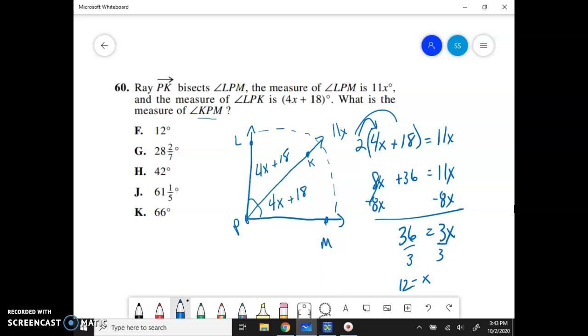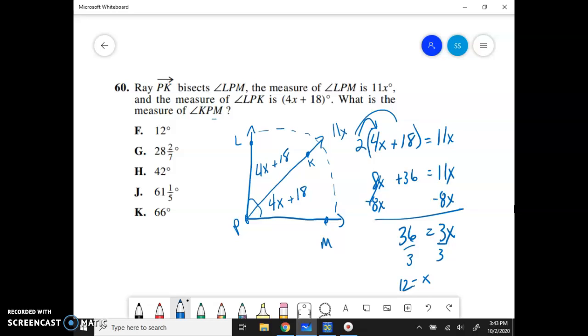Okay? And notice how they'll always give you a trick question. They'll try to trick you up. We're not done yet because we're not trying to solve for x here. We need to find the measure of angle KPM. That's this angle here, which they didn't give any information about. We just needed to know that it was bisected, so it was the same as angle LPK.